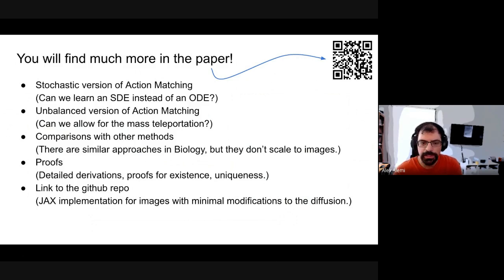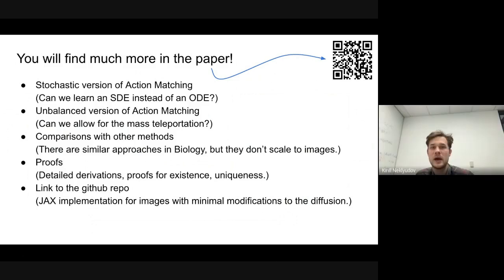You're kind of restricted to continuous settings rather than discrete ones, right? Because you need continuity. We have some ideas on how to increase the scope to discrete data with the unbalanced versions. Once we have this mass teleportation property, we don't restrict ourselves to moving all the mass only with vector fields.